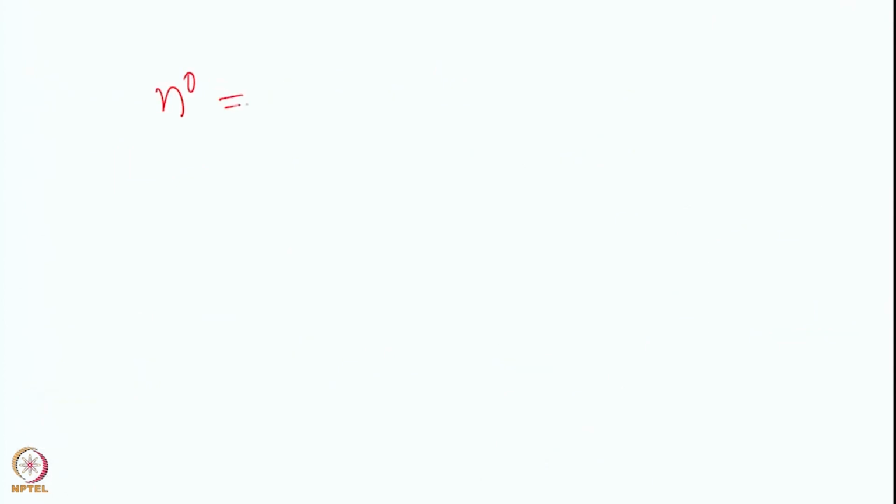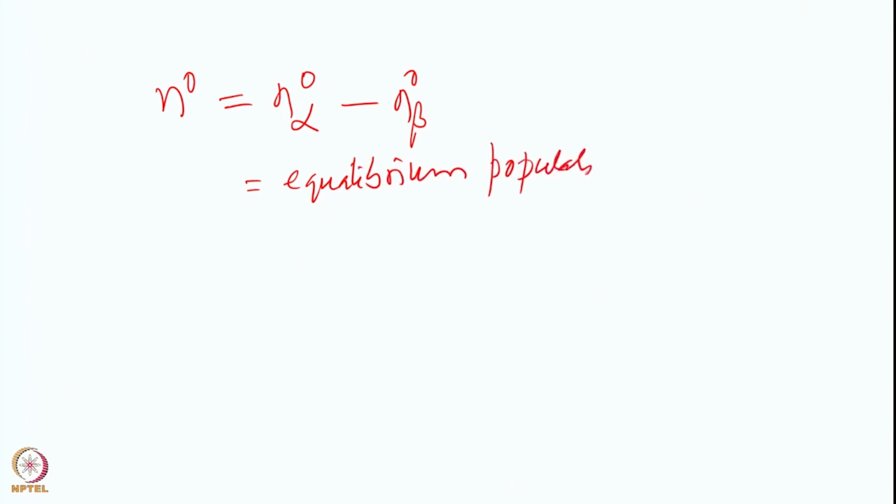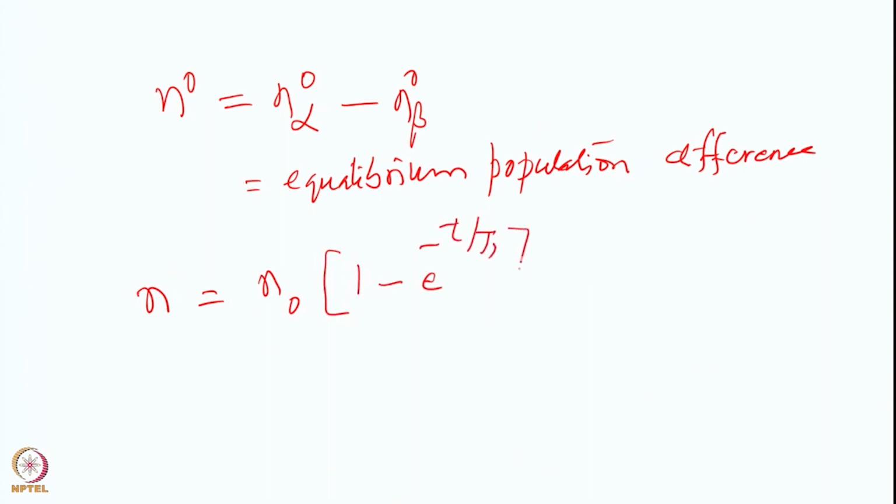If n naught is equal to n alpha naught minus n beta naught, this is the equilibrium population difference, then we can write an equation for how the system will approach equilibrium in this manner: n is equal to n naught times 1 minus exponential of minus t by T1.